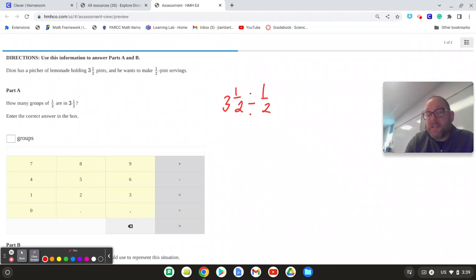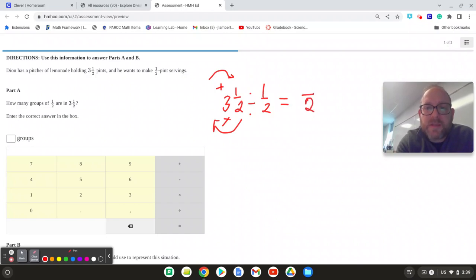But to get to the answer to part A, we've got to do some fancy work. We're going to use our inverse operation, but we're also going to use keep, change, flip. Before that, we have to make this mixed number into an improper fraction. So we'll do 2 times 3. Remember, we do multiplication and then we add, going around. 2 times 3 is 6, and add the 1 to that, I get 7 over 2, and divide that by 1/2.